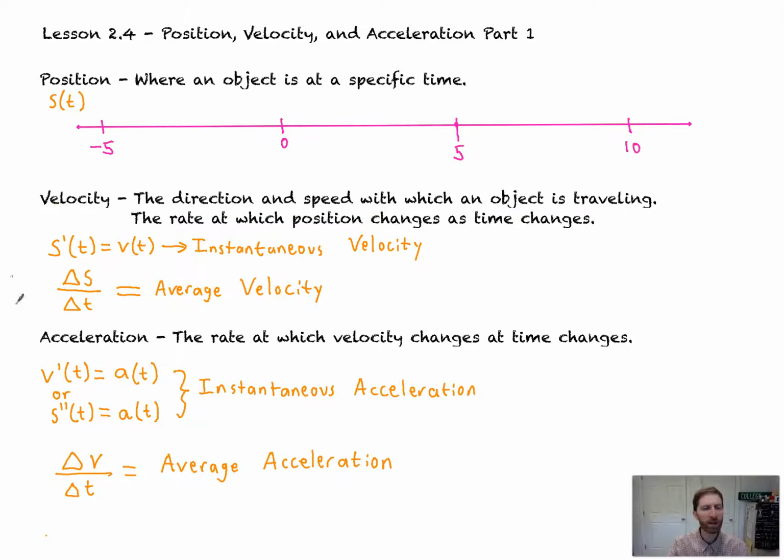Okay, so before we get into the notation of everything, and I'll get back to the notation of position, rate of change is another way of saying this, either instantaneous rate of change or average rate of change. And so let's say that you've got a particle moving from 0 to 5. And over the span of 2 hours, it moves from mile marker 0 to mile marker 5.